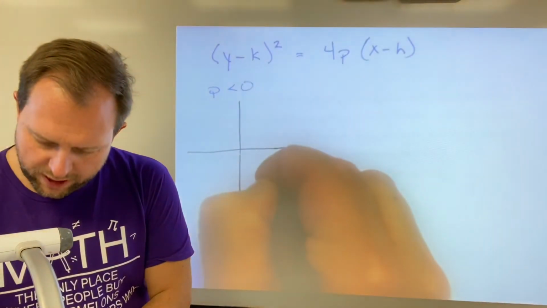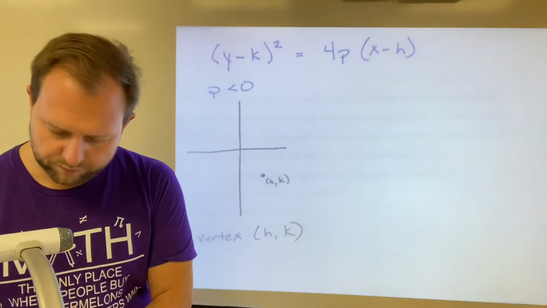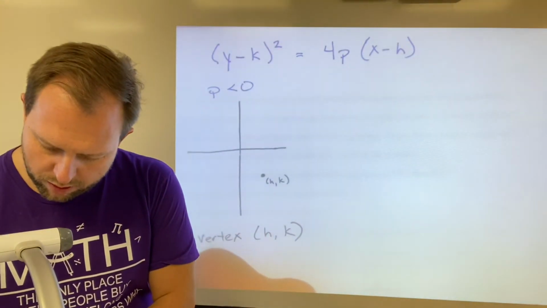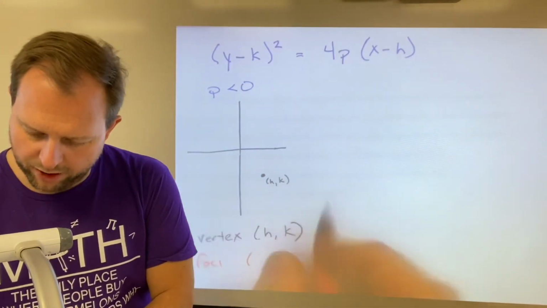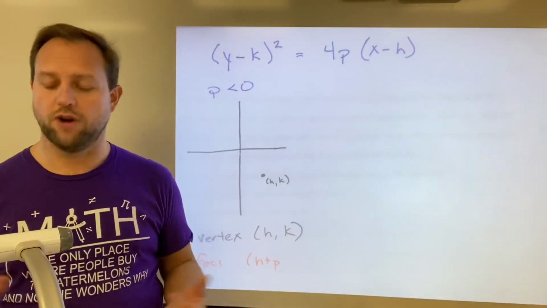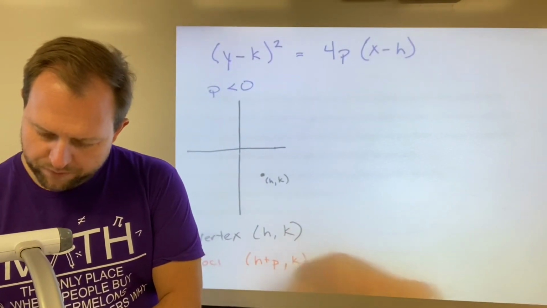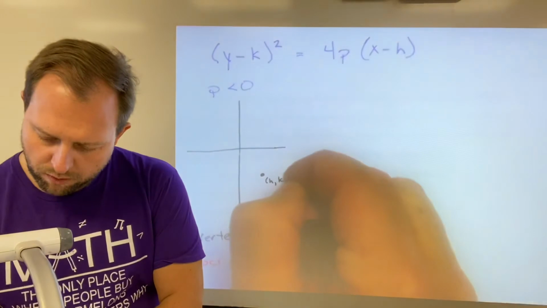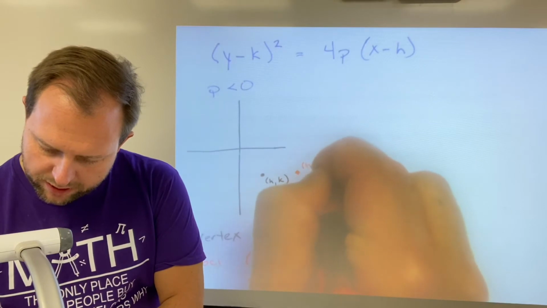So if our vertex is here, and our foci with p greater than 0, now the foci is adjusting the x value. So it's going to be h plus p instead of y plus p because it's opening left and right. So it's h plus p comma k. So if we're opening to the right, then p is positive. We're going to end up with a point over here, h plus p comma k.